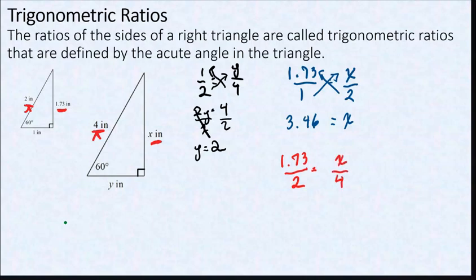Now I am going to cross multiply and solve. So I have 2 times x, which is 2x, and then 4 times 1.73 is 6.92. Then I could divide that by 2, and I will get 3.46 again.